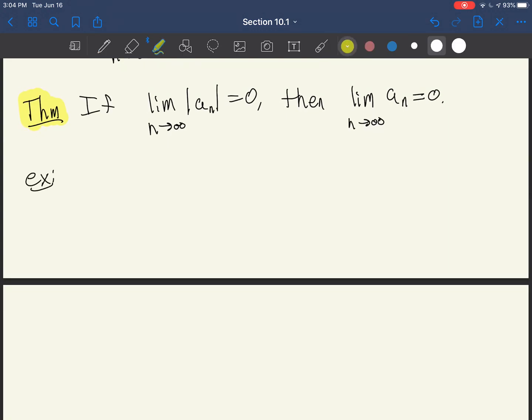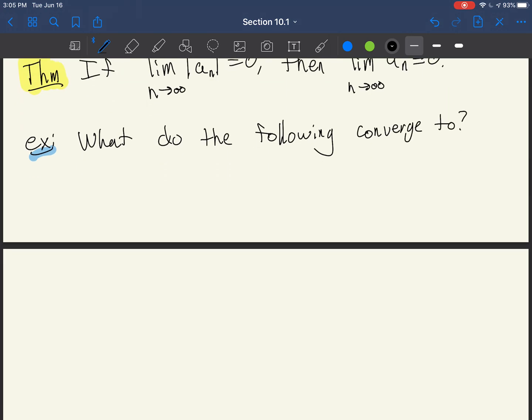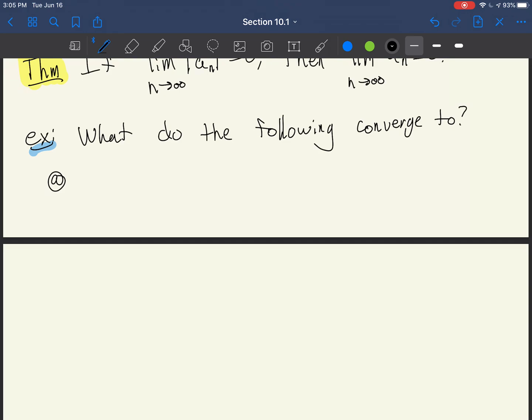So examples. What do the following converge to? Part A, we have this sequence n over n plus 1.